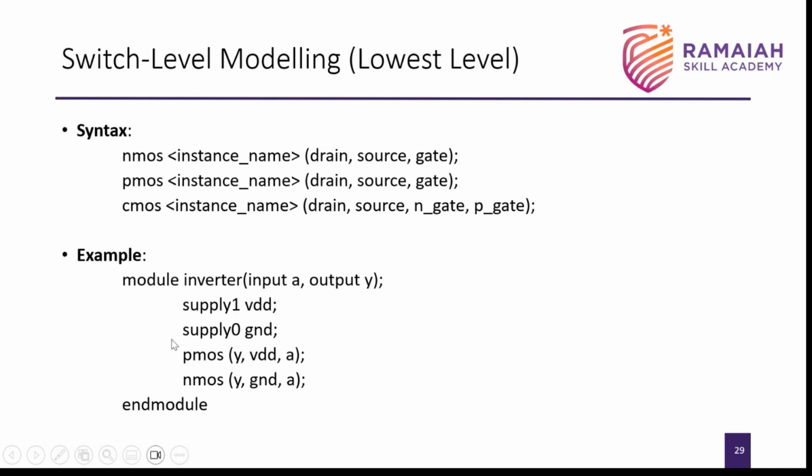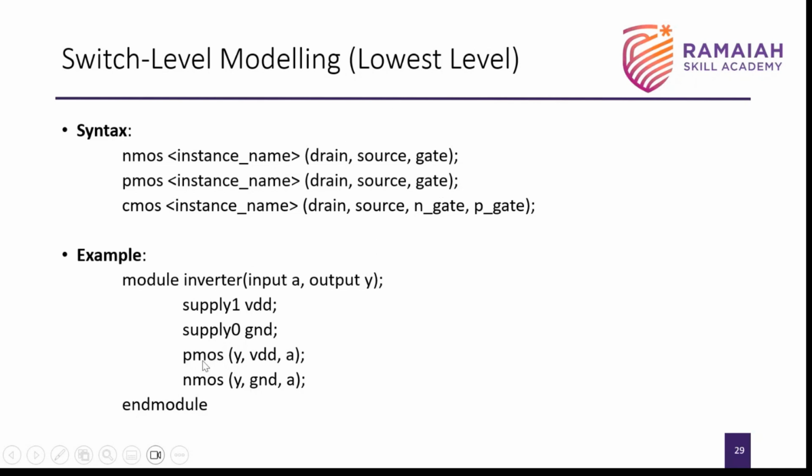For example, see inverter, we have one PMOS and one NMOS. Correct. So first supply 1 and supply 0 should be defined. Supply 1 is nothing but VDD. Supply 0 is nothing but ground, right? So for PMOS, what happens? Output is Y, gate is connected to input, drain is connected to output, source is connected to VDD, upper level, right?